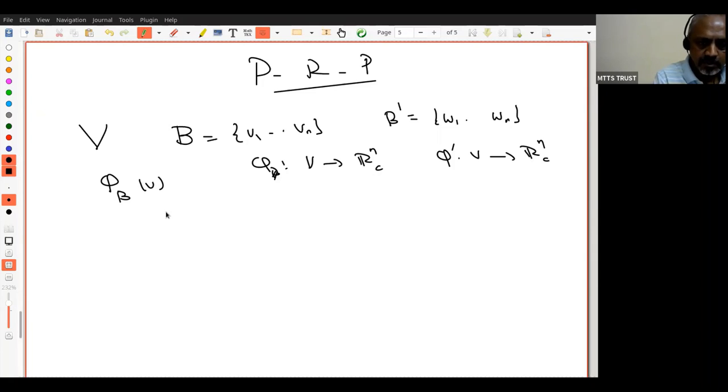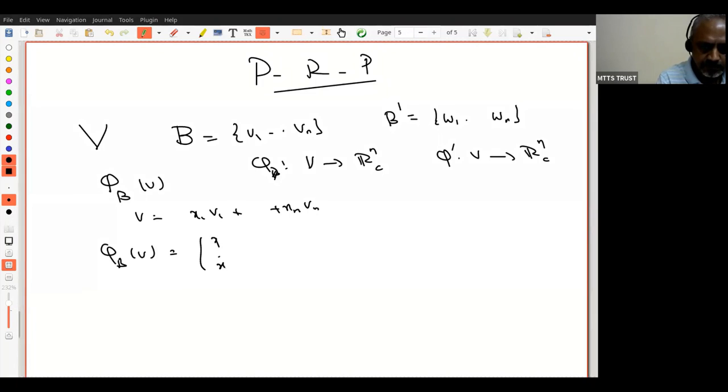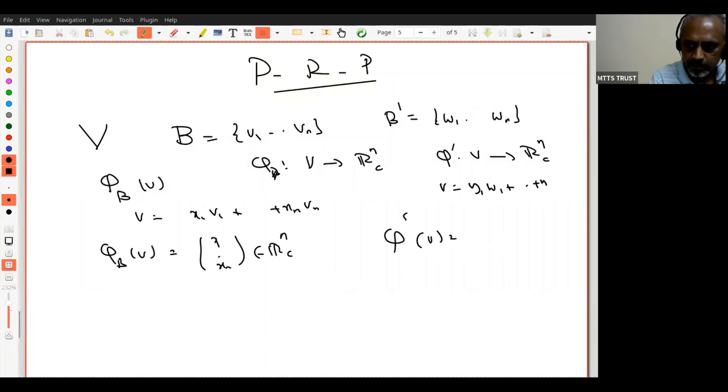So if I write V as x1 v1 plus xn vn, then phi B of V is x1, x2, xn in R n. And similarly phi dash of V, let me write V as y1 w1 plus yn wn, then that's going to be y1, y2, yn.